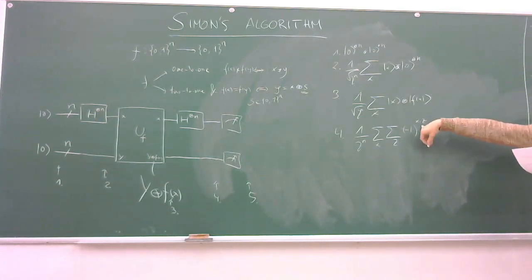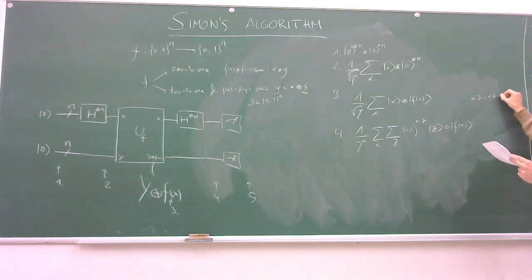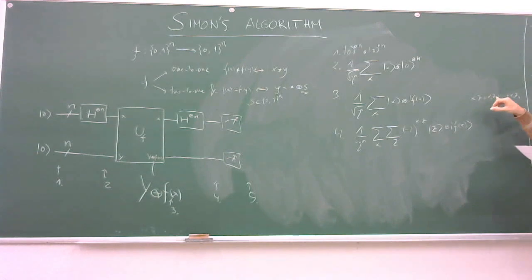Remember, this is the bitwise product between x and z: x1 z1 plus x2 z2, and so on up to xn zn.